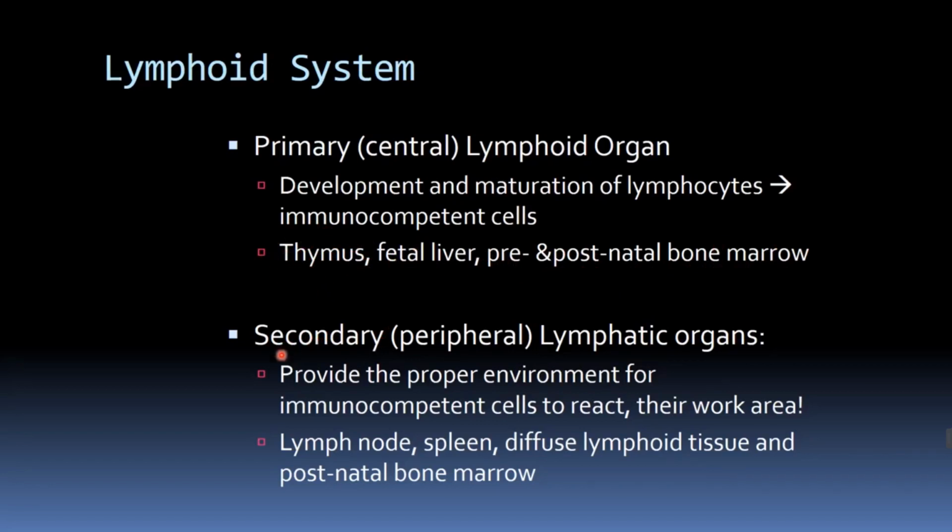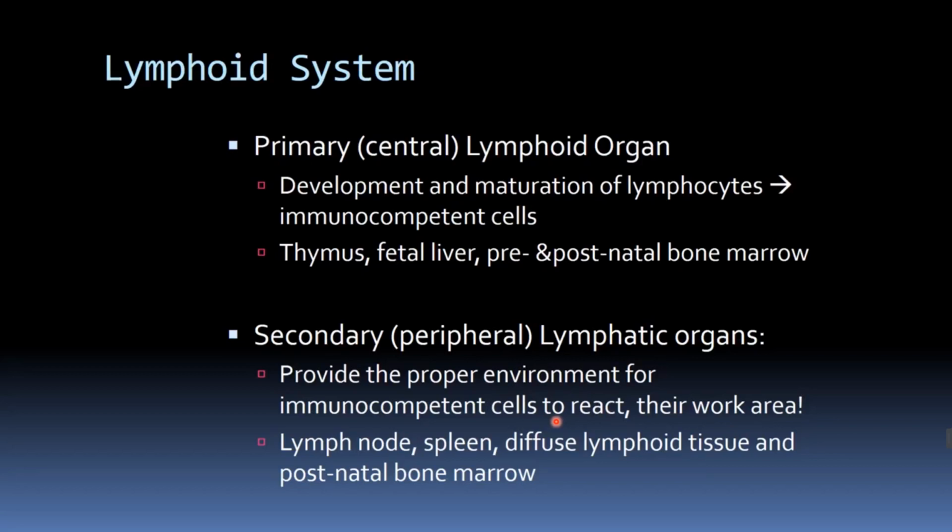And then we have what we call the secondary lymphatic organs. This essentially provides the environment for these cells to work. So these lymphocytes need a place to do their job. It's their work area. And many times, this will be within the connective tissue layer, especially within the diffuse lymphoid tissue.